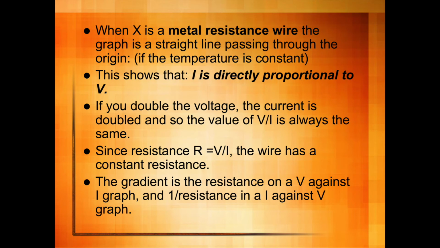But either way, when it's exhibiting ohmic behavior, you'll have a linear slope. And that linear slope will either be representative of the resistance, or it'll be 1 over the resistance, depending on where your V and your I are placed on that graph.